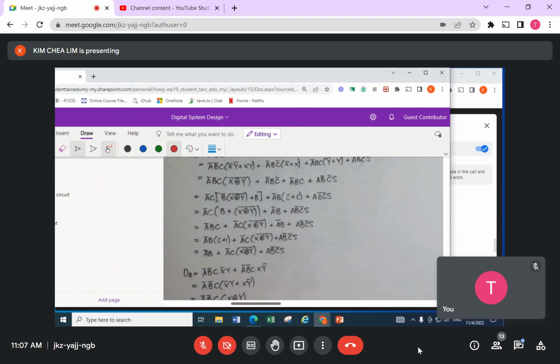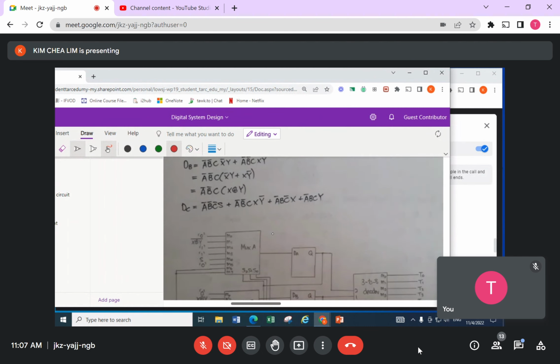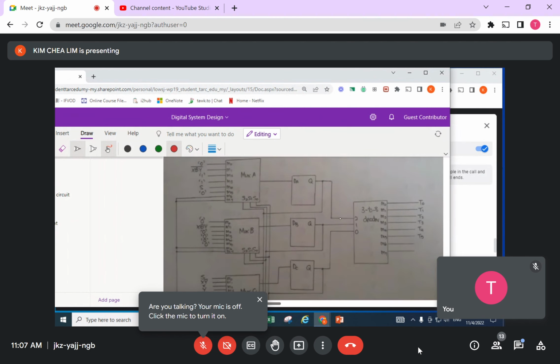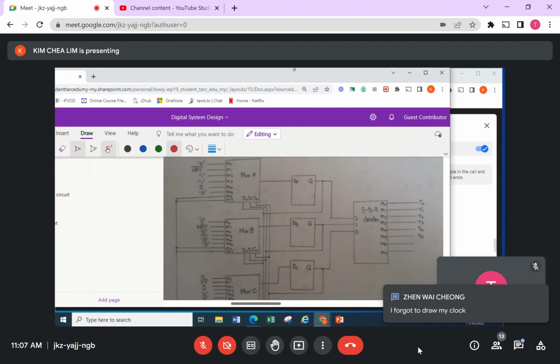Not required for all these. All not required. So what I need is only this part here. Now, a bit small.